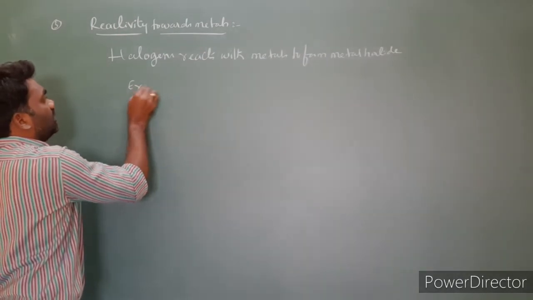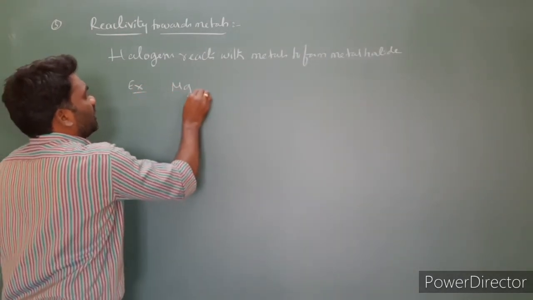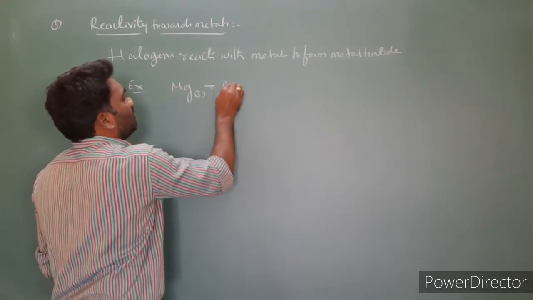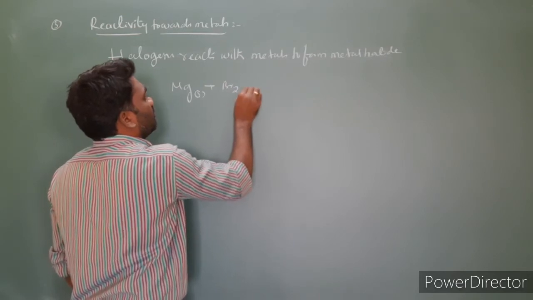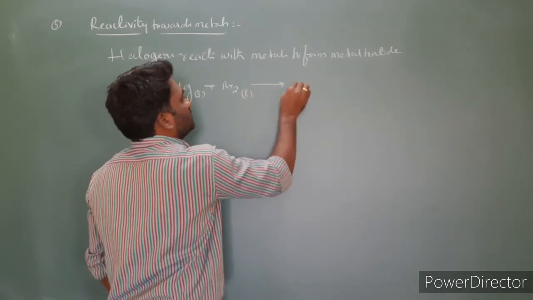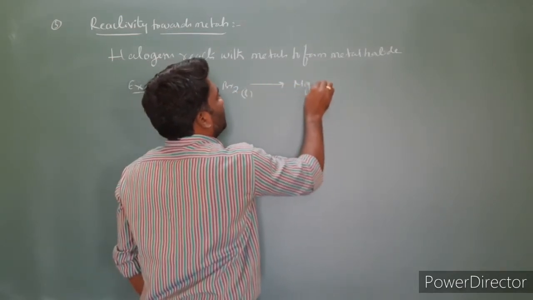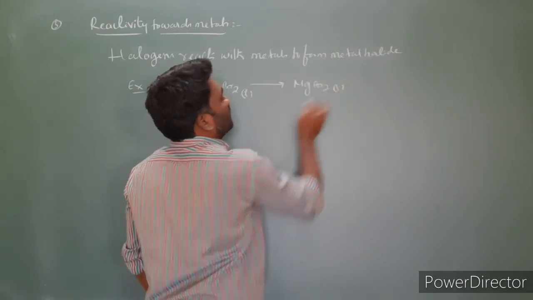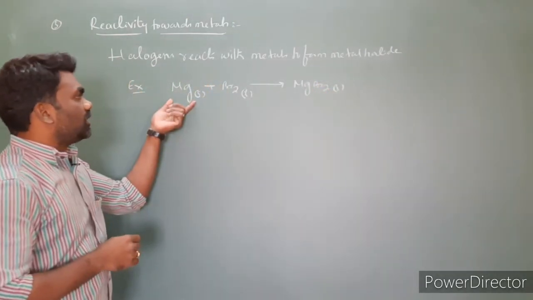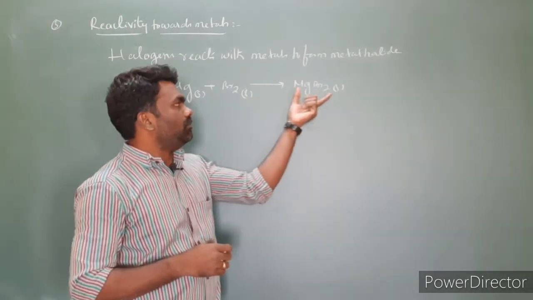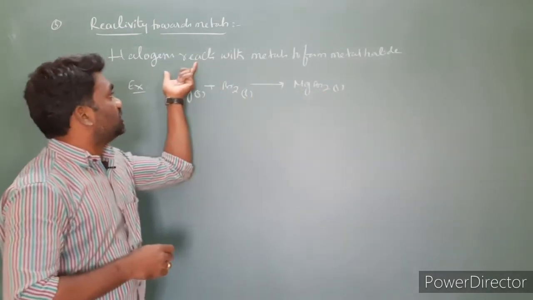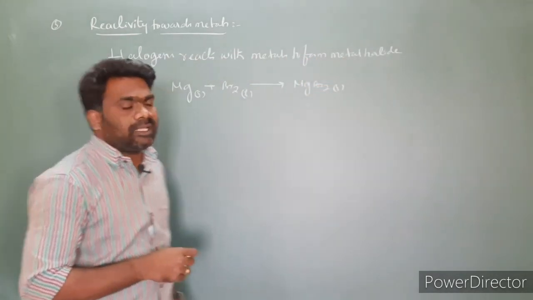For example, I am taking magnesium. Magnesium is solid, it reacts with liquid bromine and gives rise to MgBr2. So here a metal reacts with a halogen to form a metal halide. So halogens react with metals to form metal halides.